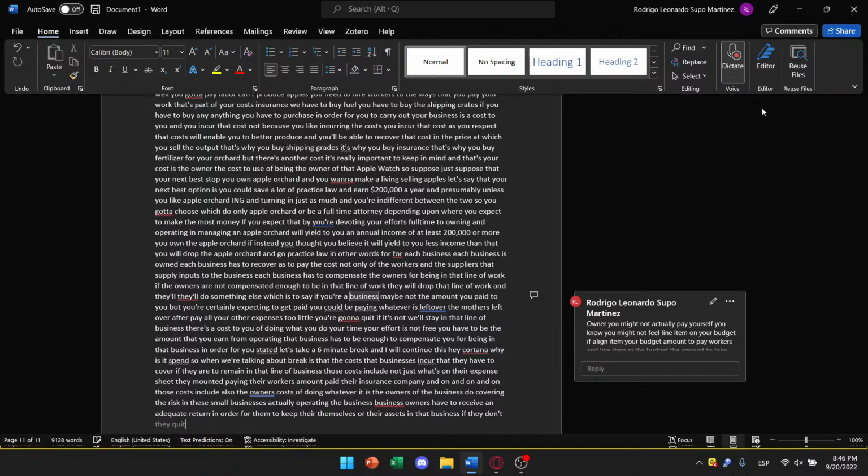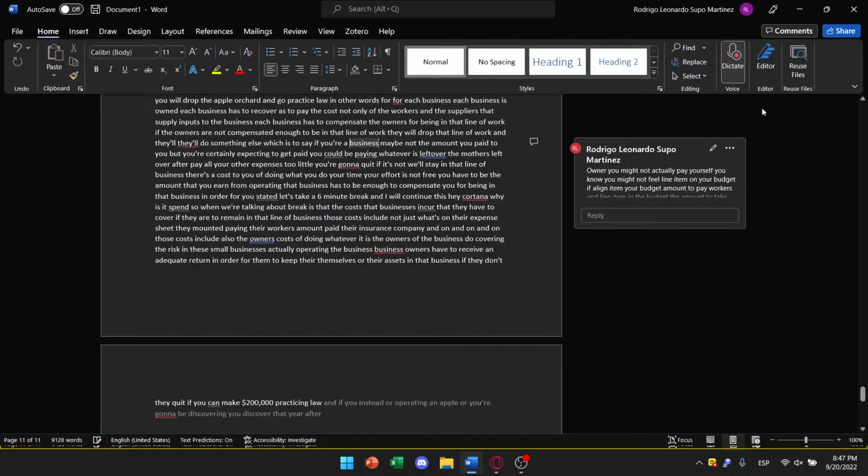Good reason. If you can make $200,000 practicing law, and if you instead are operating an apple orchard and you discover that year after year you're only earning $25,000 for yourself, you're not going to stay as an apple orchard producer very long. You're going to close your apple orchard down, and you're going to start practicing law.